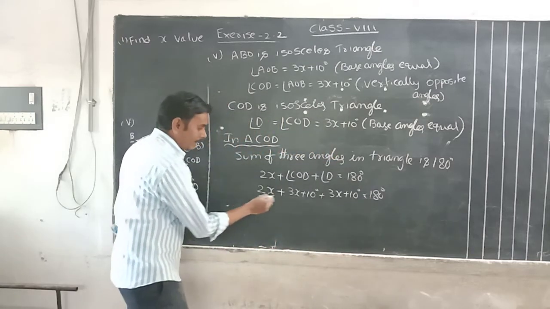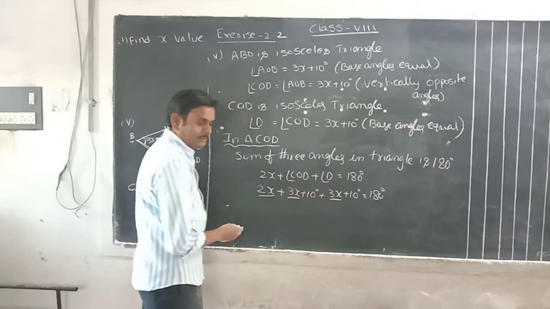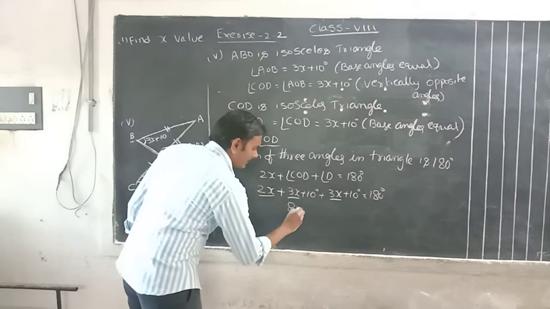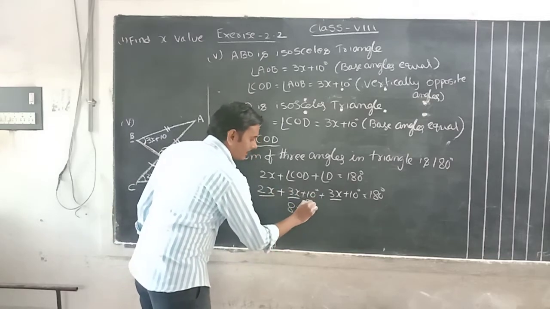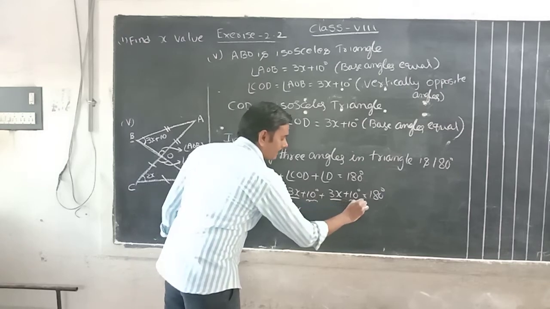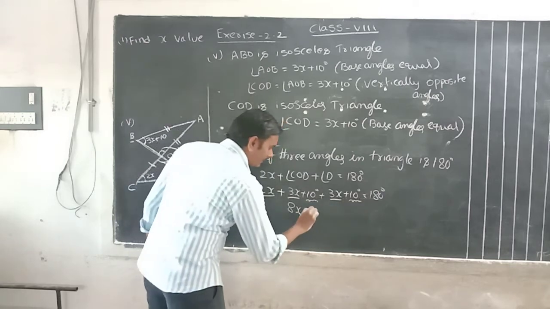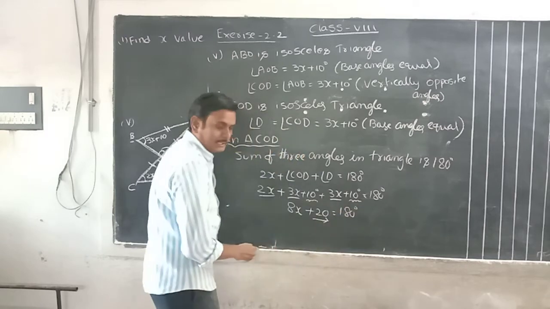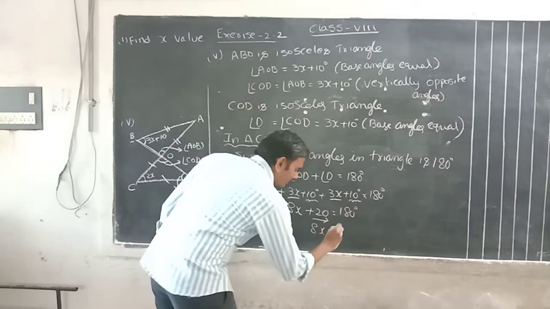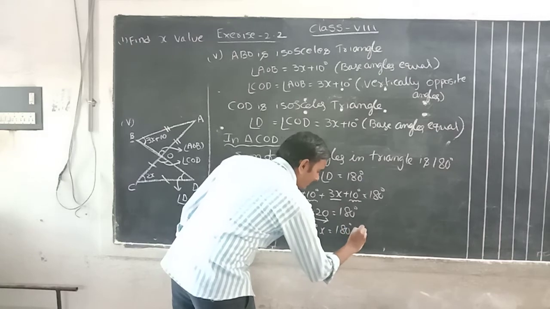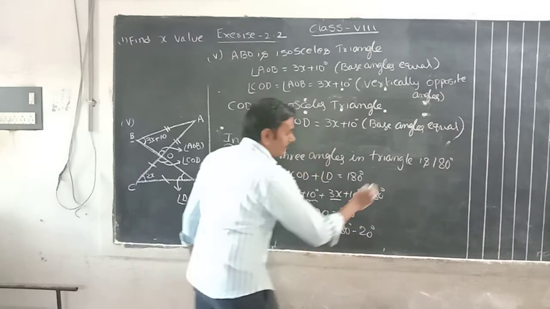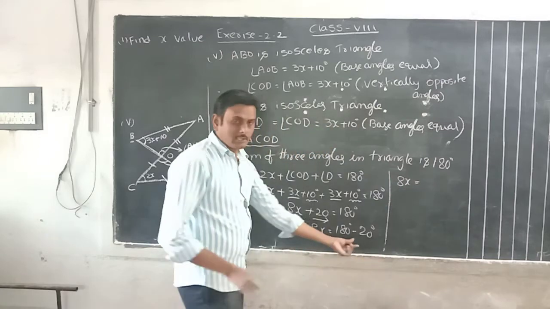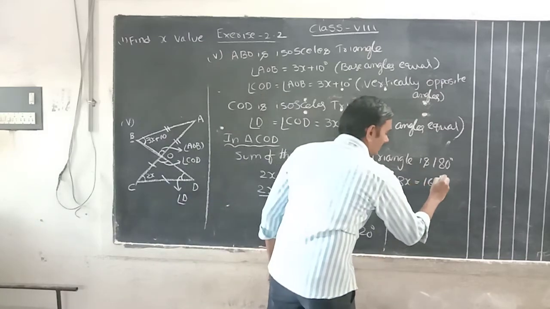Now add the x terms: 3x plus 3x is 6x, plus 2x is 8x. Now add the numbers: 10 plus 10 is 20. So 8x plus 20 equals 180. Now move 20 to that side. 8x equals 180 minus 20, which is 160 degrees.